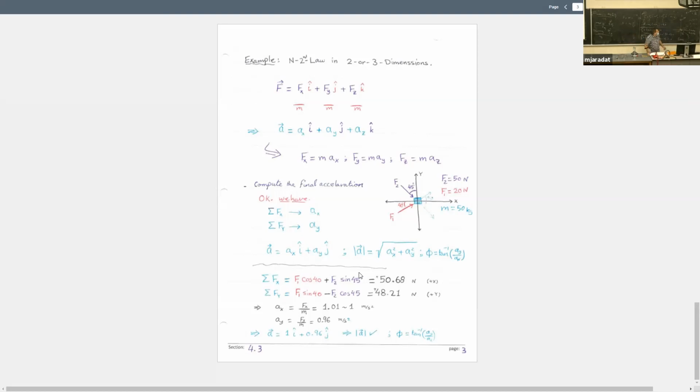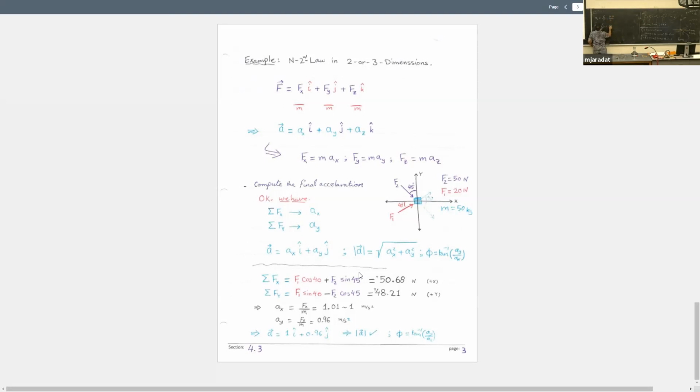We found the forces. We can write now the force vector. We can compute the acceleration also in x and y direction. So we need to find Ax, which is equal to Fx over the mass. Ay is equal to Fy over the mass. This will be equal to 50.68 over the mass, which is 20, over the 50.